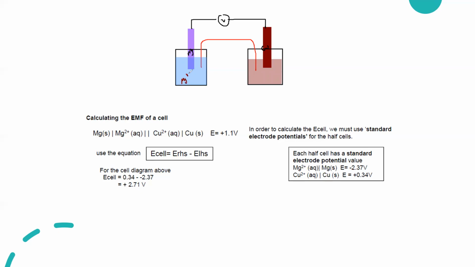So 1 mole of magnesium ion is there and 1 mole of copper ion.